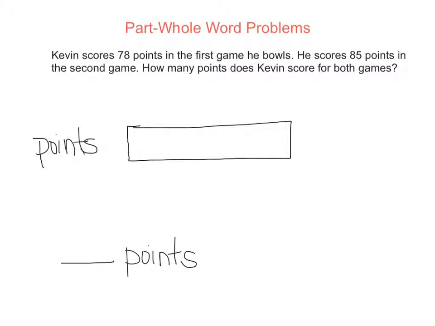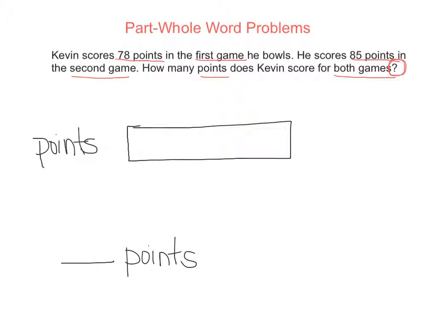So if I go back to the problem, I'm going to start underlining some key information. I know that Kevin scores 78 points in the first game. I see that he scores 85 points in the second game. And then my question is how many points does he score in both games? And I see there's my missing information. That's going to be my question mark.